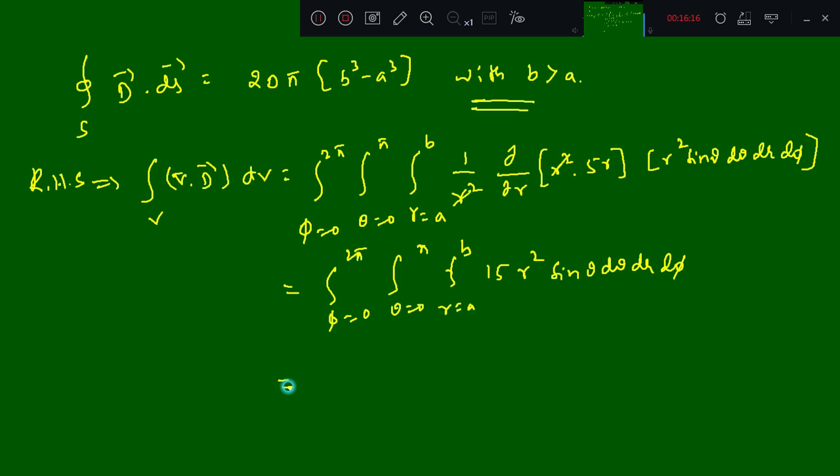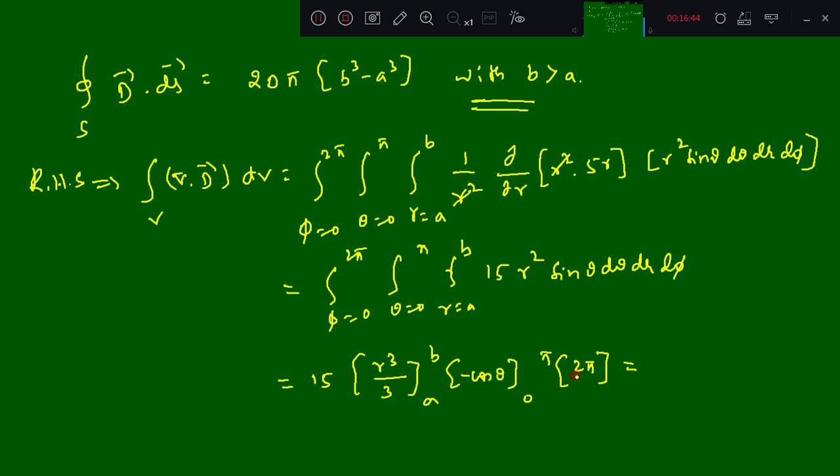Next, 15 is the constant term, take it outside. Integration of r square is r cube divided by 3 from a to b. Next it is minus cos theta from 0 to pi, and phi gives 2 pi.